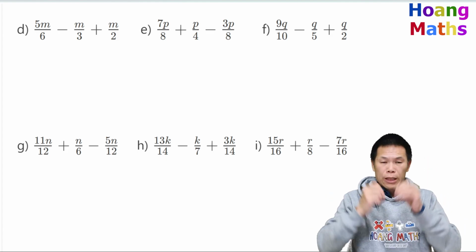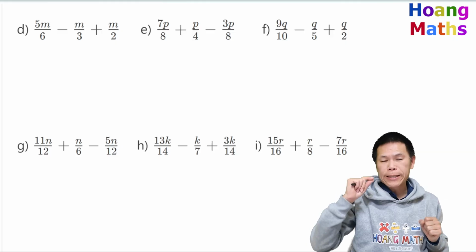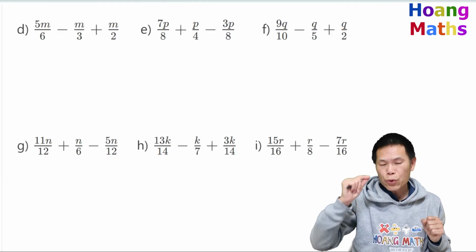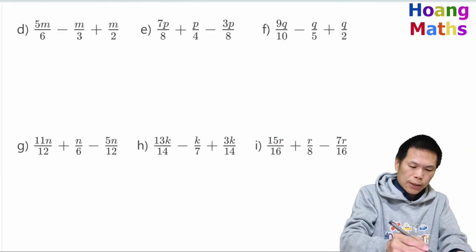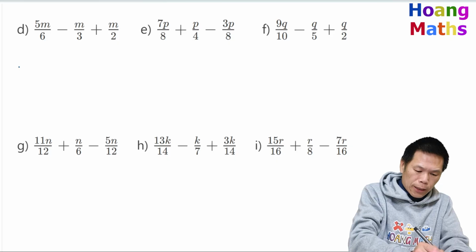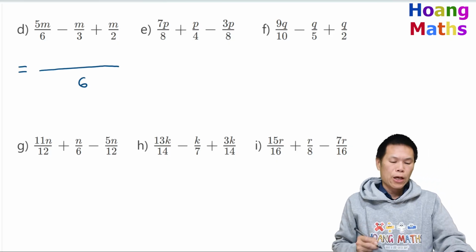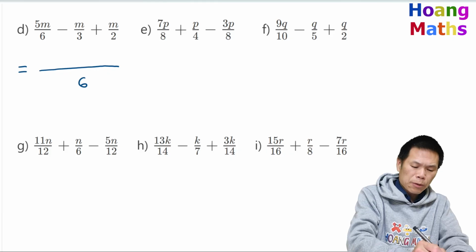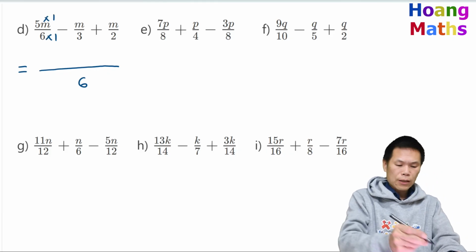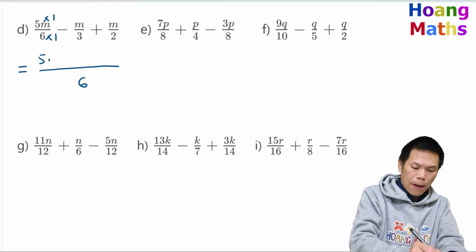So part D, the lowest common denominator is 6 because 6 is a multiple of 3 and 2. So let me write this down. So the answer is equal to 6. So from 6 to 6, I times by 1. So therefore, this times by 1. So 1 times 5 is 5. So the answer is 5m.